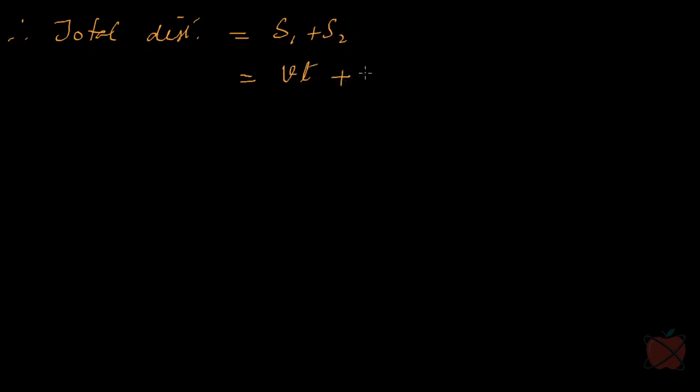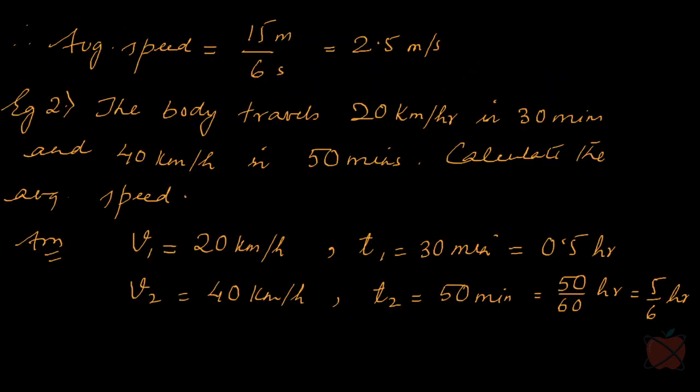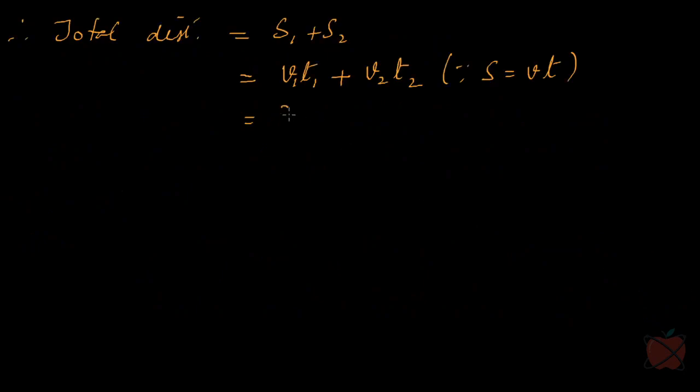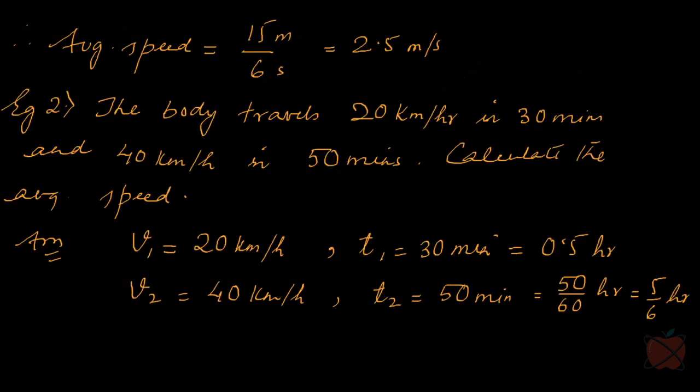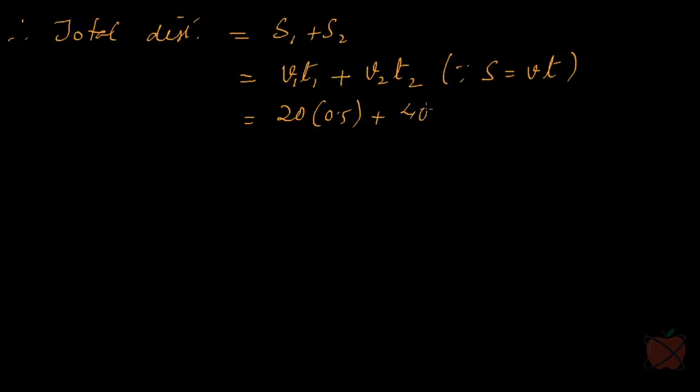So this will be v1 t1 plus v2 t2, since distance is speed into time. Here v1 is 20 and the time is 0.5, so you have 20 into 0.5 plus v2, which is 40, and the time is 5 by 6, so you have 40 into 5 by 6.